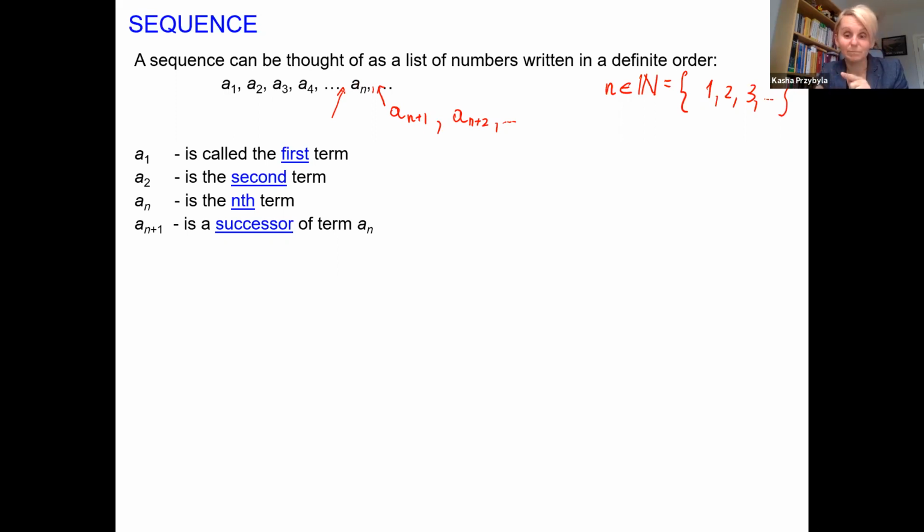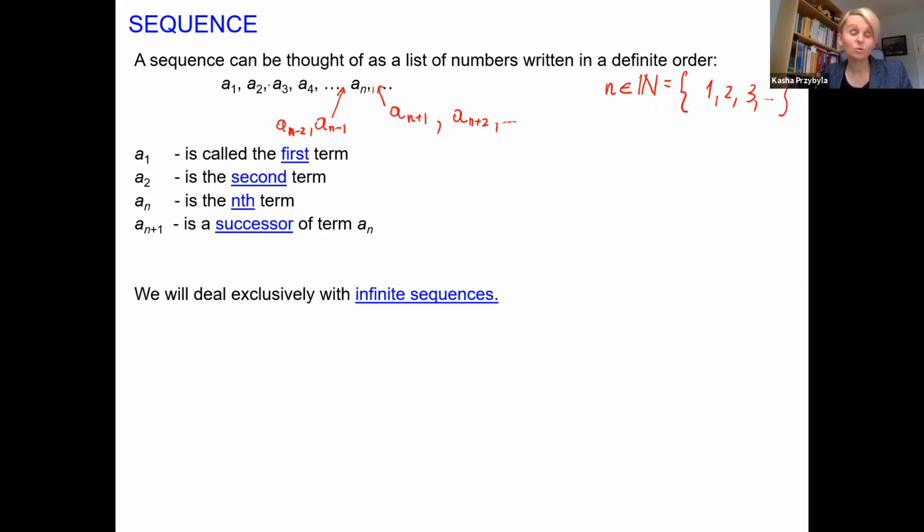It's a sub n minus 1, of course, and I can also keep going, a sub n minus 2 and so on. We can see a sub 4, and before it is a sub 4 minus 1, which is 3. That's just the general notation: first term, second term, nth term, the n plus 1 term, and so on.